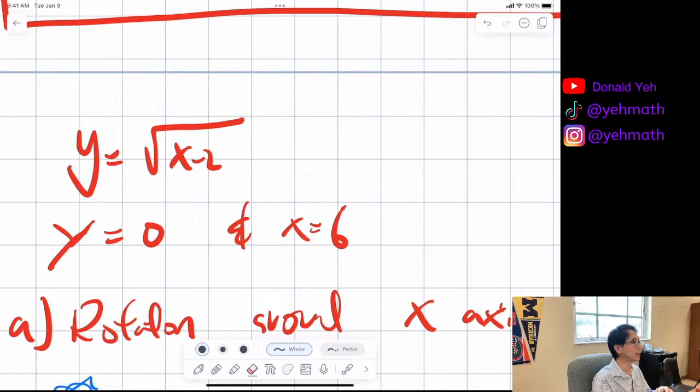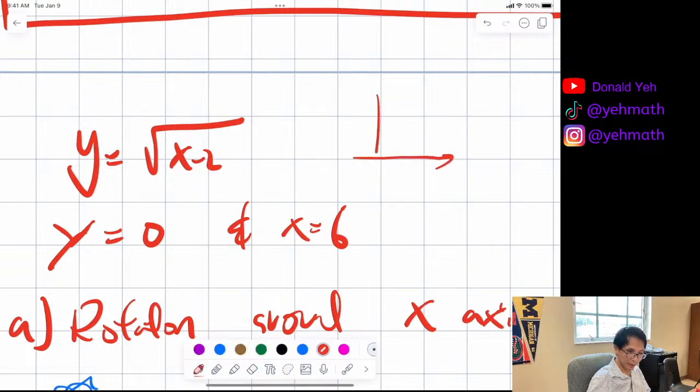Have you learned the shell method yet? Dude, no. I think we did it on the first day of math competition. Yeah, shell method is cool. You can do something like an x squared plus 1 graph, and you rotate around the y-axis.